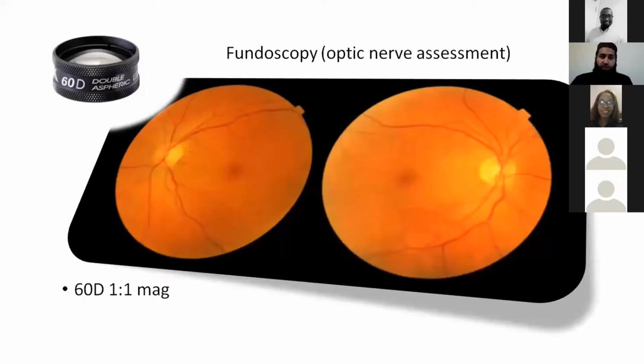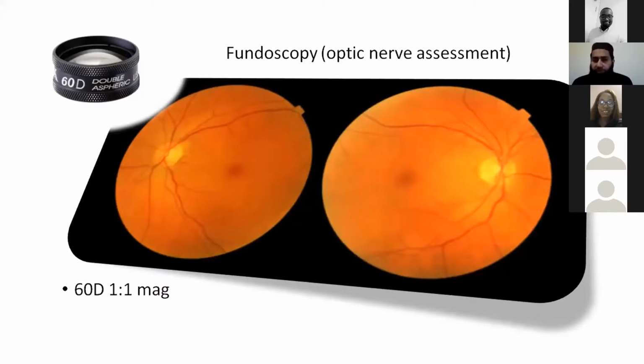Then the patient is sitting at the slit lamp with you, and you pick up the Volk lens and check the fundus. Optic nerve assessment is again one of the most important things in glaucoma assessment, because of the progression of the CD ratio. If the CD ratio is getting bigger, or if there is asymmetry in the CD ratios of more than 0.2, that is something suspicious.